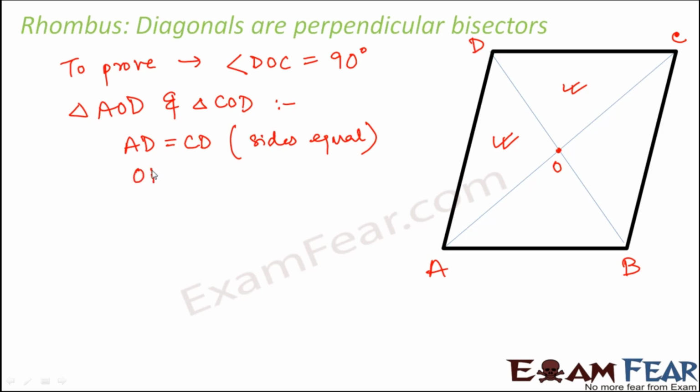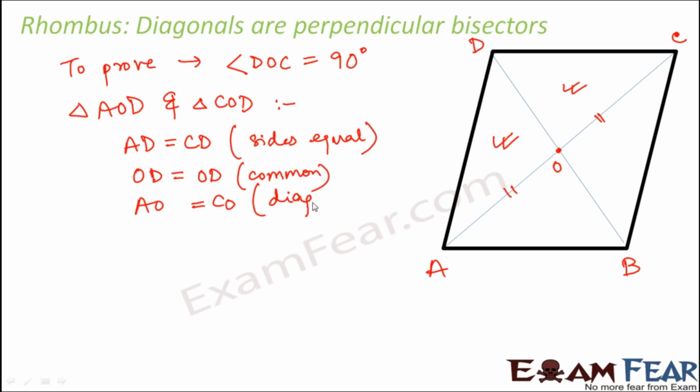Next we have OD is equal to OD, which is a common side. We also have AO is equal to CO. That's because the diagonals bisect each other, which is a property of a parallelogram.